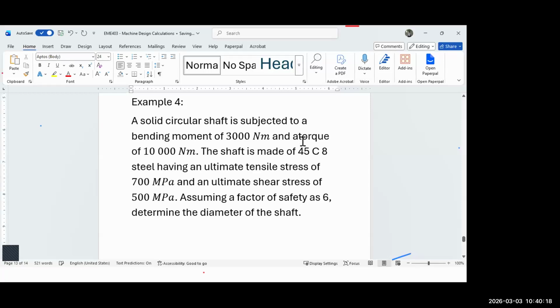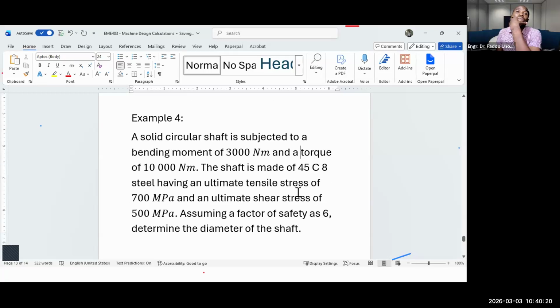Thank you. All right. So we said a solid circular shaft is subjected to a bending moment of 3,000 Newton meter and a torque of 10,000 Newton meter. The shaft is made of this kind of steel that has an ultimate shear stress of 500 megapascals.